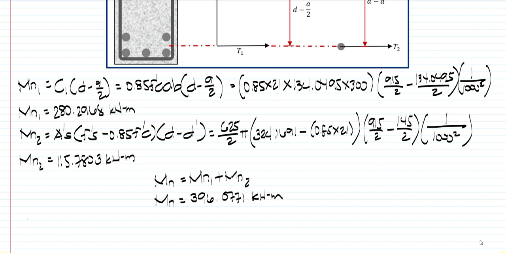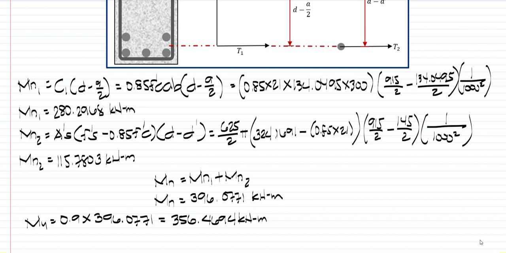So, to make this one ultimate, we have to multiply this by our reduction factor, which is 0.9. So, 0.9 times our nominal moment, 396.0771. So, that will be a value 356.4694. So, this is in kilonewton meter.